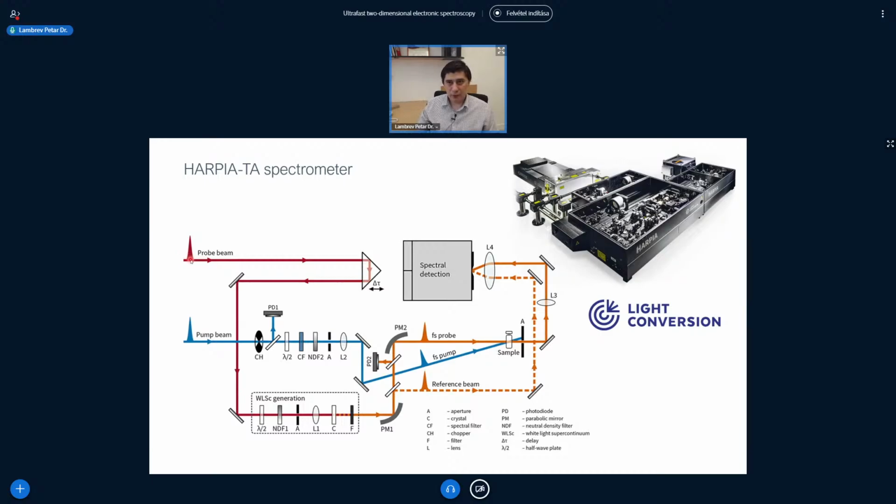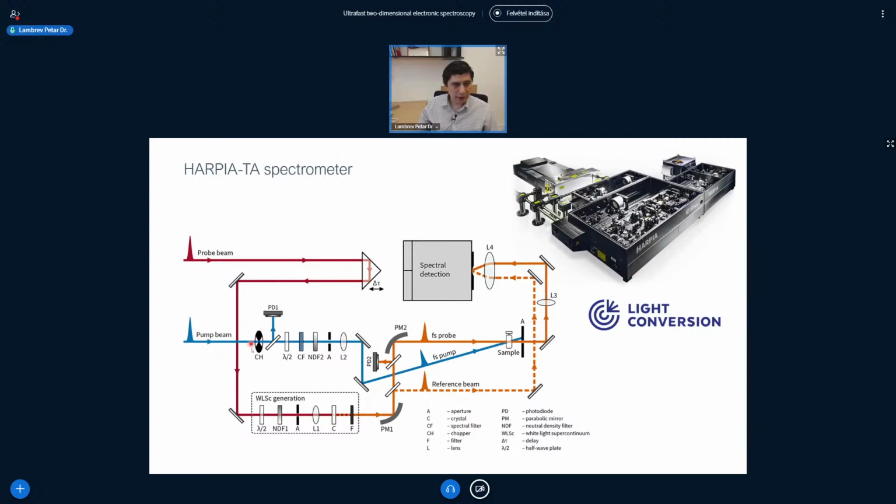Now, if you have a mode-locked laser, you can take the beam and split it into two paths, the pump and the probe. Usually the pump beam is narrow band, tuned, maybe with some filtering or nonlinear processes, to a wavelength that is tuned to your molecule of interest.